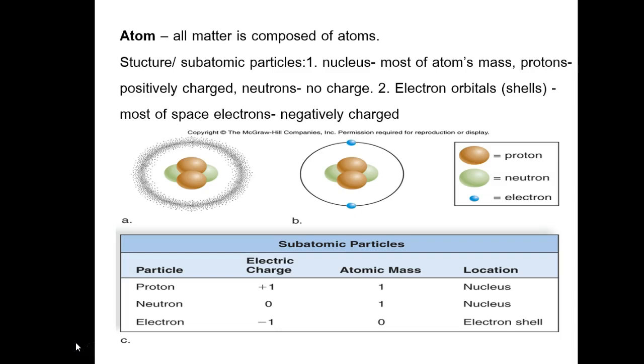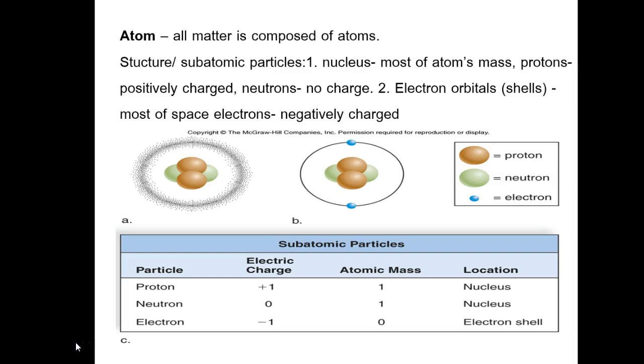In these orbits around the nucleus, we call them orbits or shells or valence levels. Sometimes those three terms get used interchangeably, although they don't mean exactly the same thing. You find electrons. That's the space that is around the positively charged nucleus, and electrons are negatively charged.